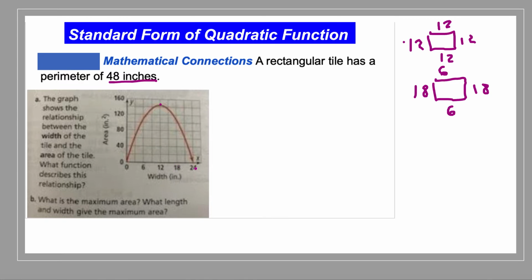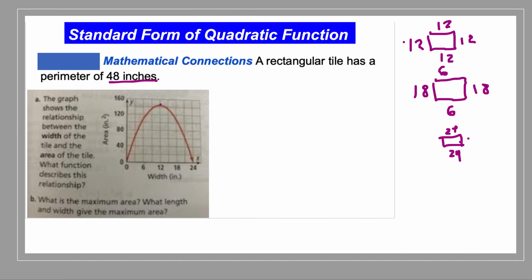And 24 cannot have an area. If the width is 24, the length would be 24 and 2, so it cannot have an area.